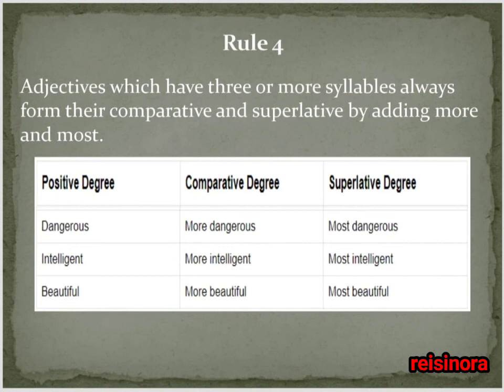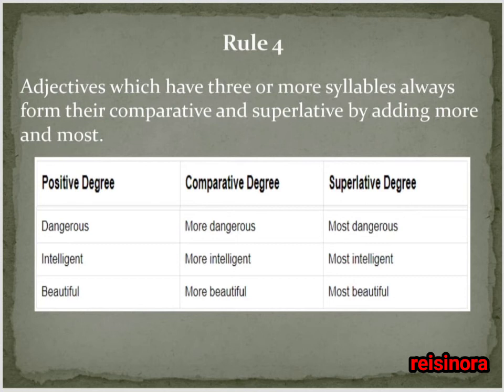Rule 4. Adjectives which have 3 or more syllables always form their comparative and superlative by adding more and most. Jadi kalau seandainya kata sifatnya itu 3 atau lebih dari 3 suku katanya, biasanya menggunakan more untuk comparative and then most untuk superlative.